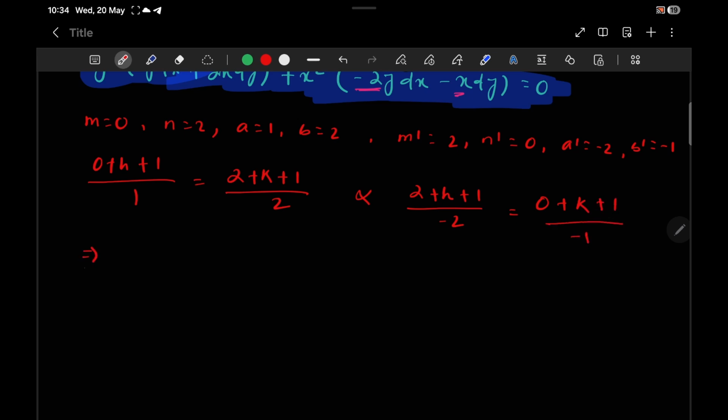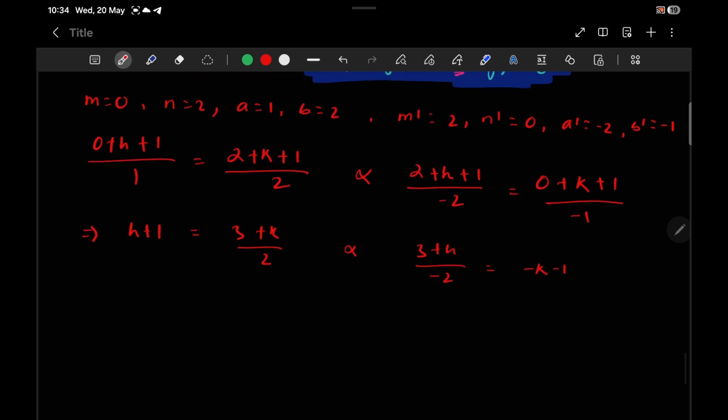So now h plus 1 is equal to 3 plus k by 2, and 3 plus h by minus 2 is equal to minus k minus 1, the 1 disappears.